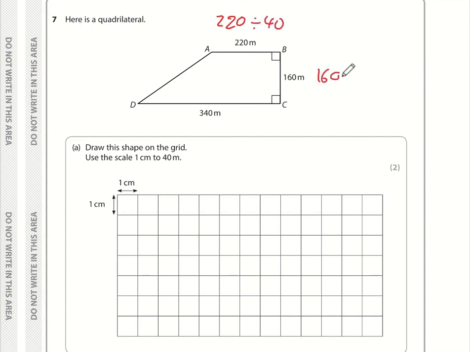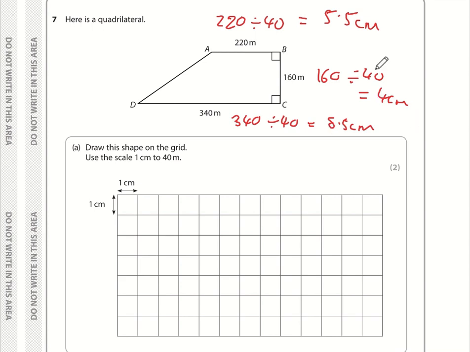What is 160 divided by 40, and what is 340 divided by 40? Well, 220 divided by 40, that is 5.5. So that is going to be 5.5 centimetres on the scale drawing. This is going to be 4 centimetres, and this 340 divided by 40, that is 8.5 centimetres.